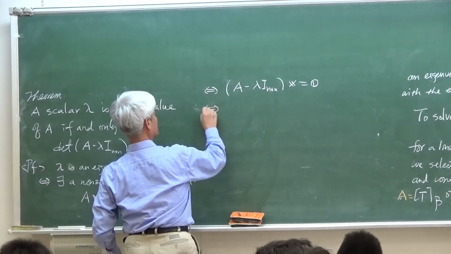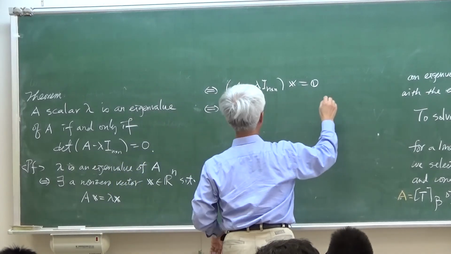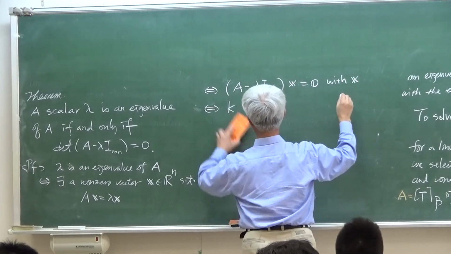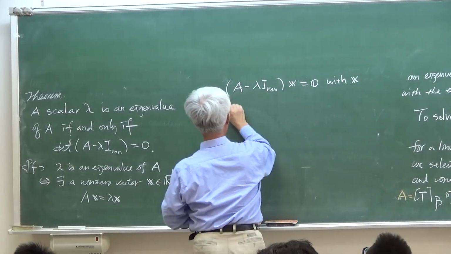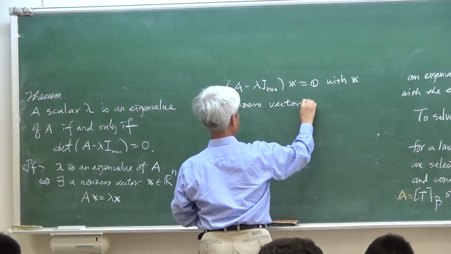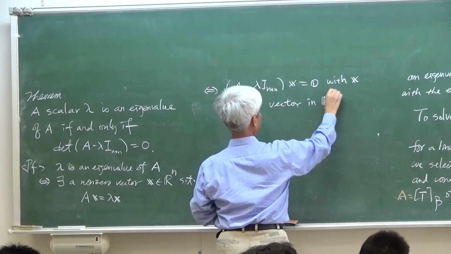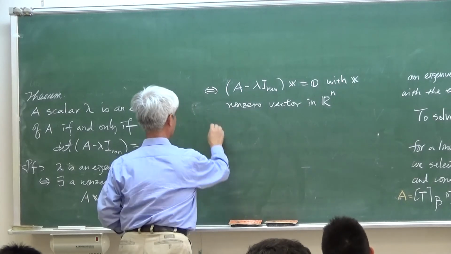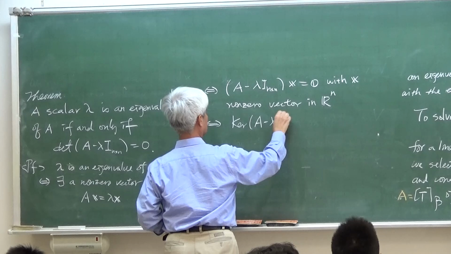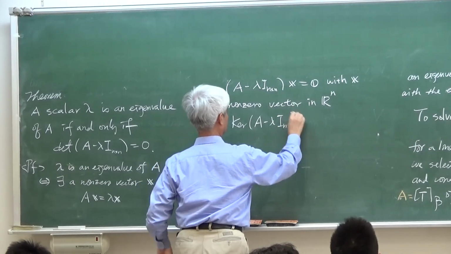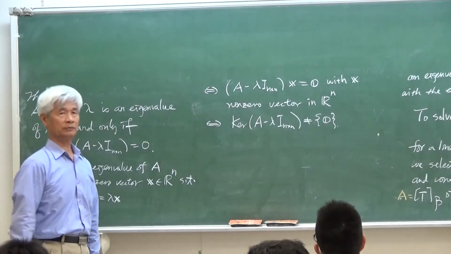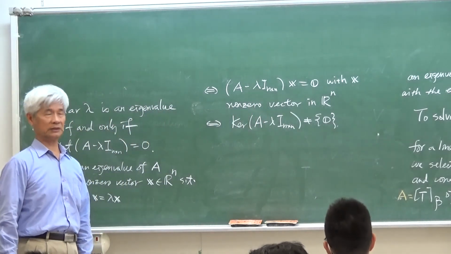So that means the kernel of the matrix A − λI, with x nonzero, is non-trivial, because we have a non-trivial solution in the kernel.